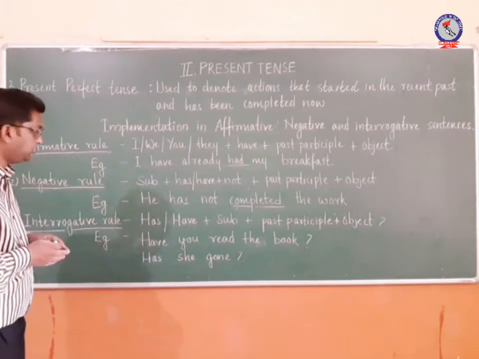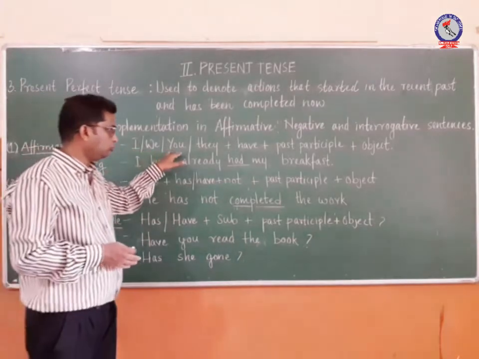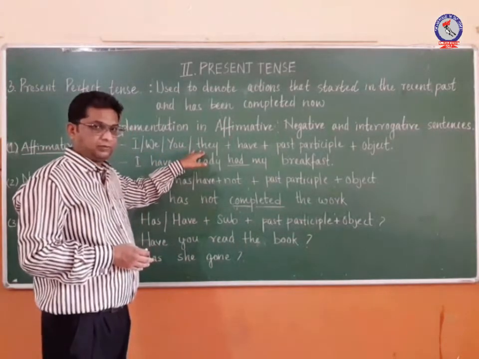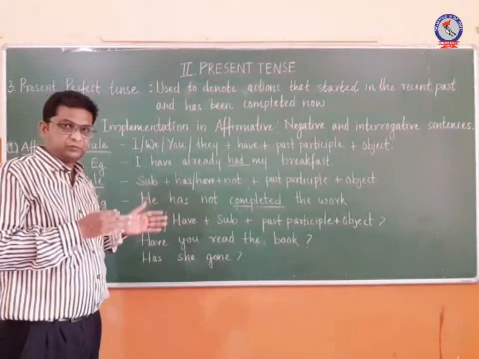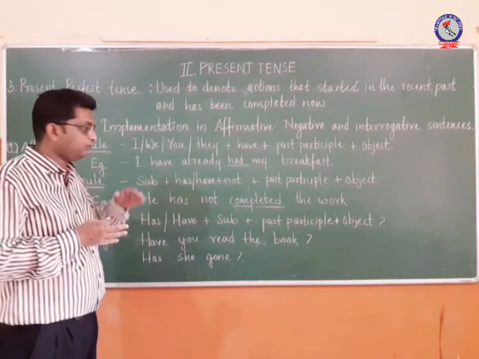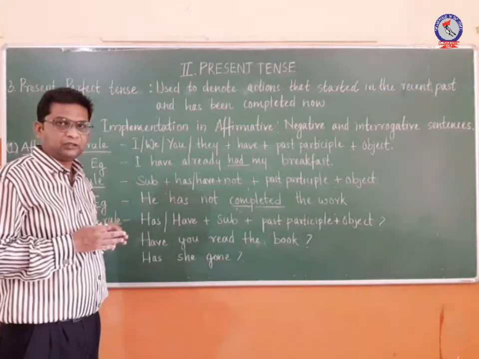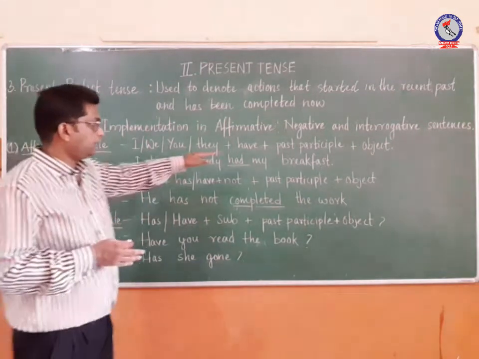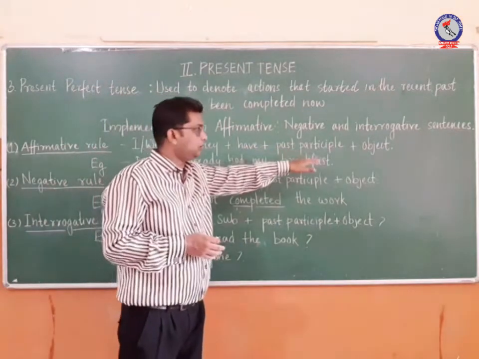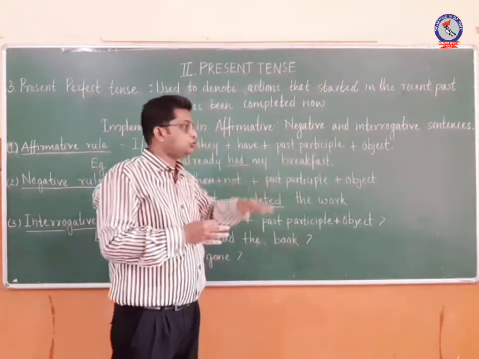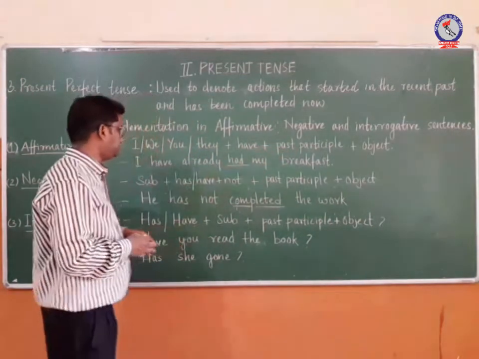We have the affirmative rule here. I, we, you, they, according to the first, second and third person, plus have plus past participle. We will use past participles here in affirmatives.